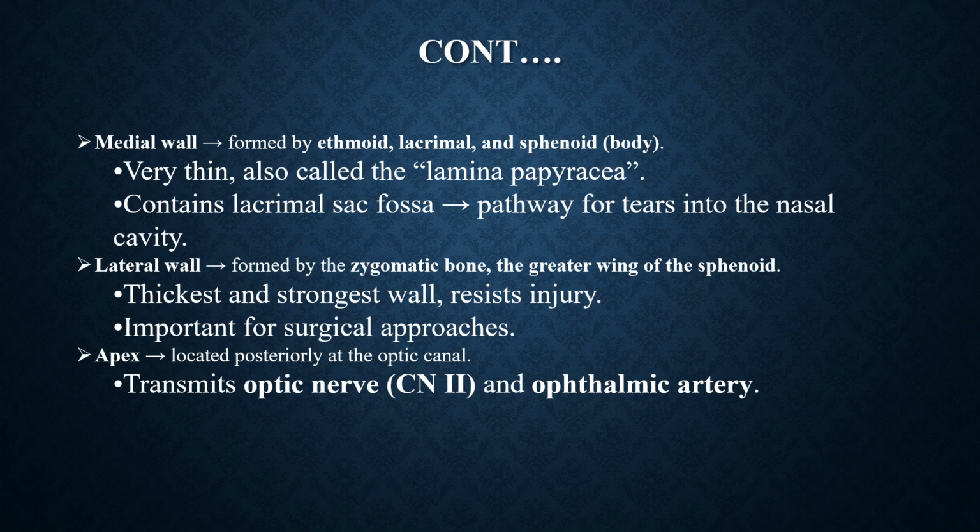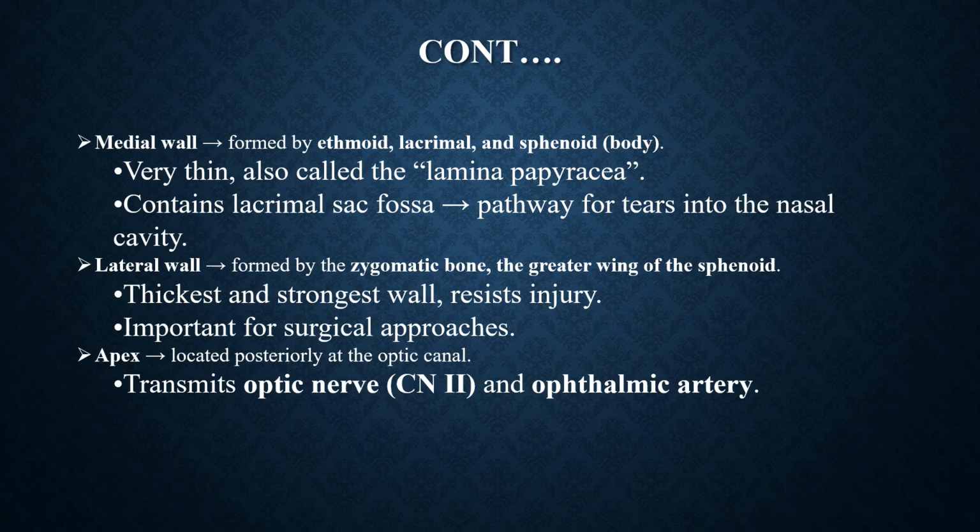Then the fourth one is the lateral wall, which is the thickest and strongest wall, which tends to resist injury. This wall is formed by the zygomatic bone and the greater wing of the sphenoid. Very strong. So this part is very important for surgical approaches.